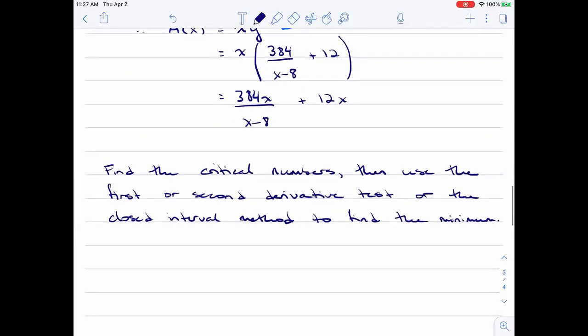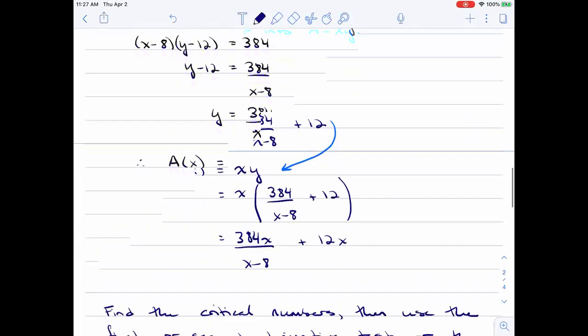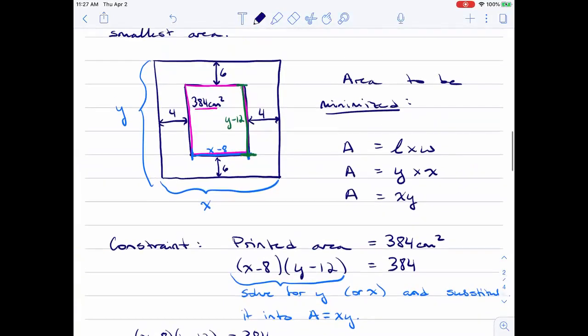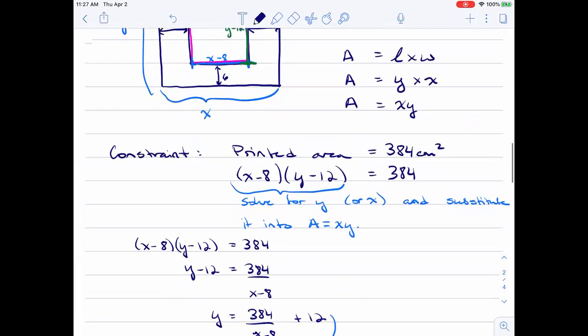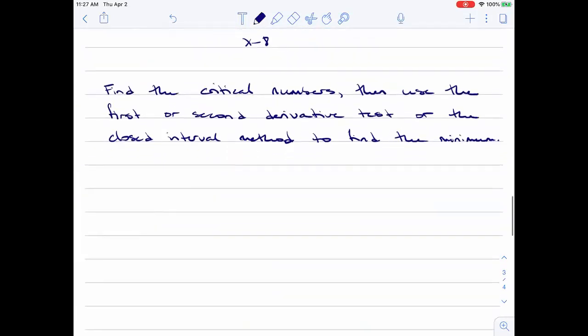One thing that we'll keep in mind is that x has to be more than 8, because I have to subtract 8. So x has to be greater than 8, but also y must be greater than 12. But because we wrote our area in terms of x, really the only thing we need to keep an eye out for is x, and then the y will be taken care of in there.